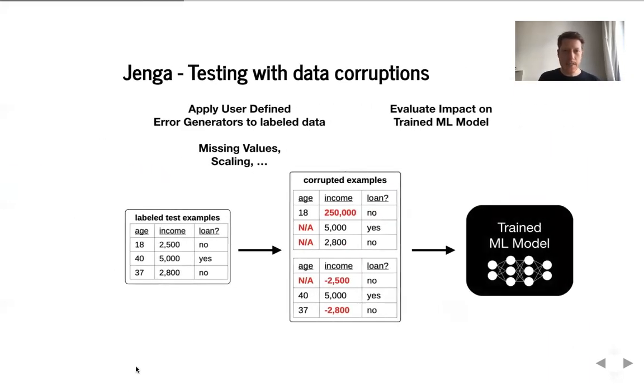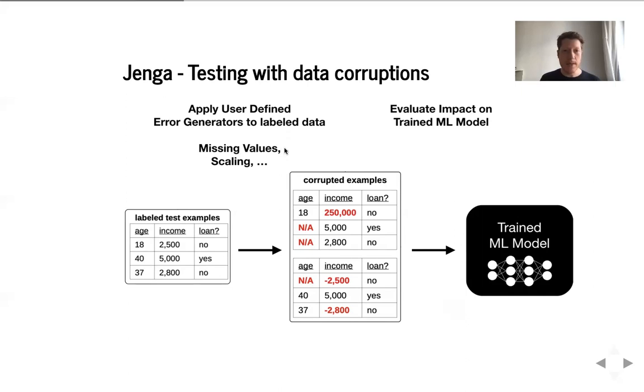How does this work in detail? We essentially assume that you have some data set, or you use some data set from OpenML, for instance. And then we provide you with a set of error types that you can declaratively specify to apply on your data, for instance, missing values or scaling. Here is an example for a standard data set where the label is whether or not an applicant gets a loan, and the input features are age and income.